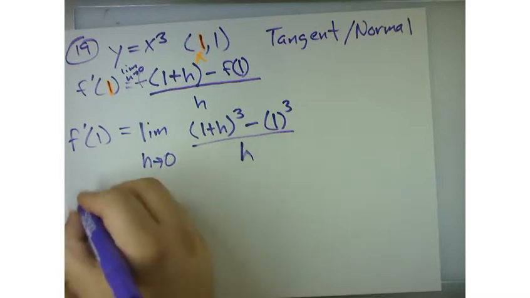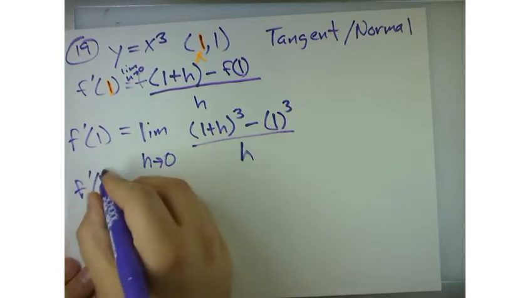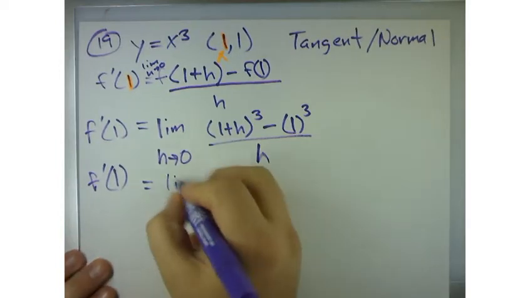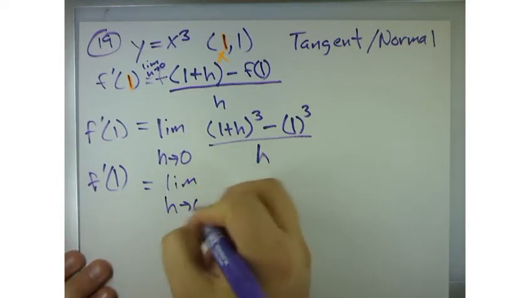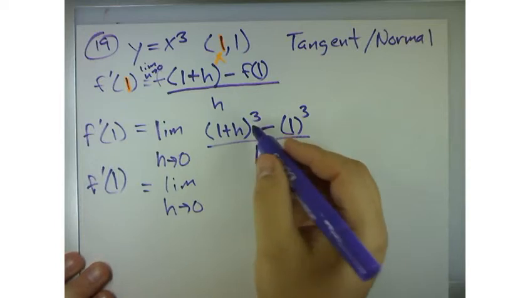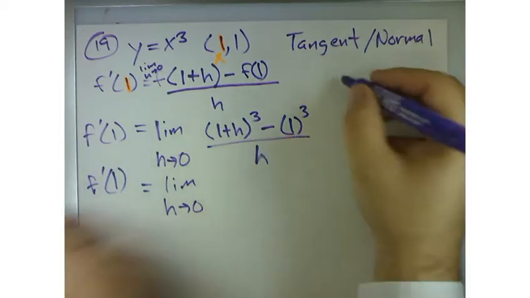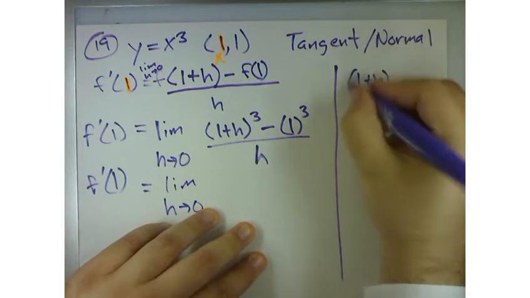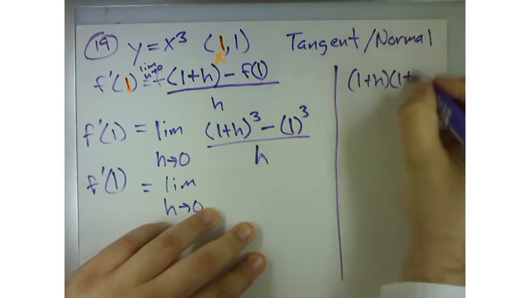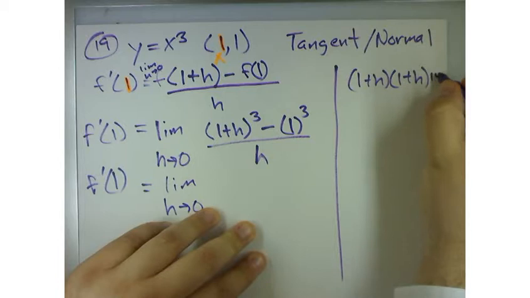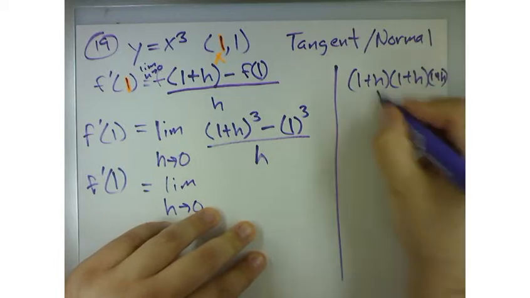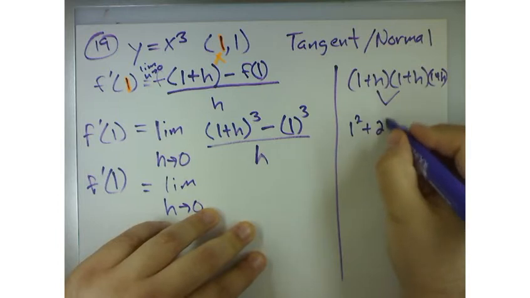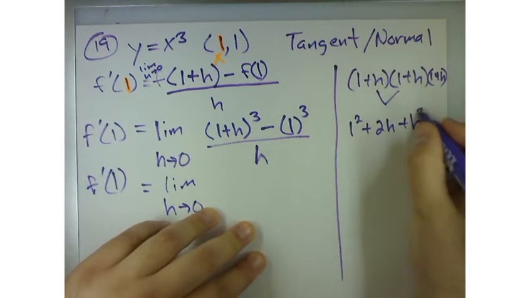Next line, f prime of 1 is the limit of this stuff as h approaches 0. If I expand this out, I'm going to get 1 plus h times 1 plus h times 1 plus h. So if I do those first two, I'm going to get 1 squared plus 2h plus h squared.